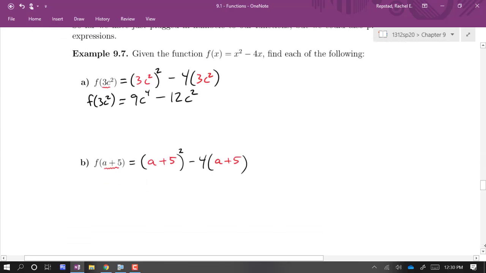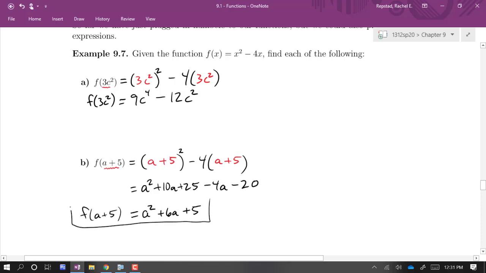And now I'm going to just expand. So a plus 5 times a plus 5 is a squared plus 10a plus 25. I'm going to distribute this negative 4, so minus 4a minus 20. And then simplify. I'll combine like terms, a squared plus 6a plus 5. And there is f of a plus 5.